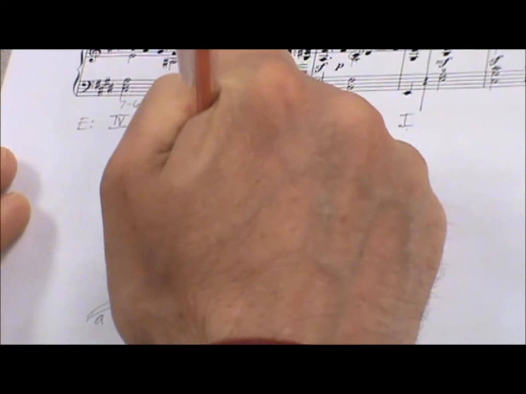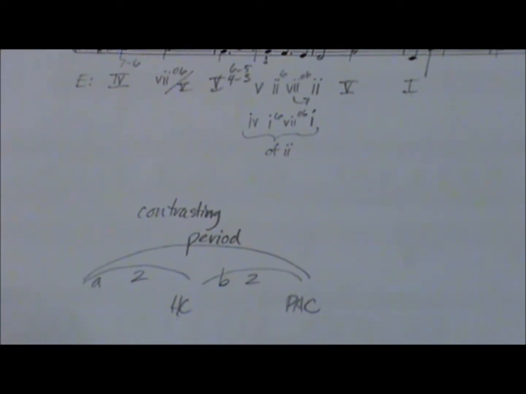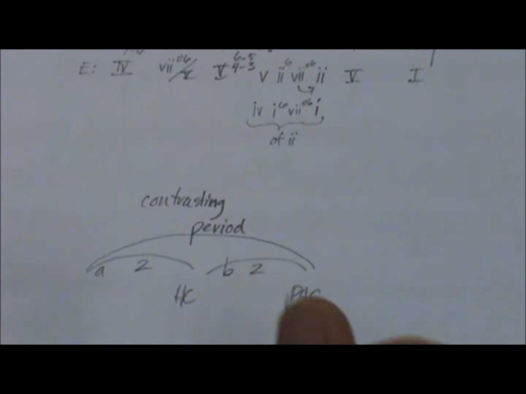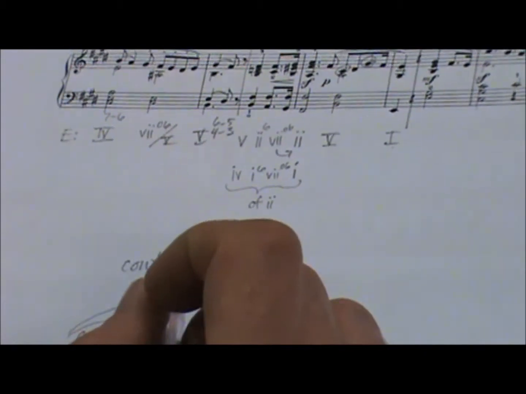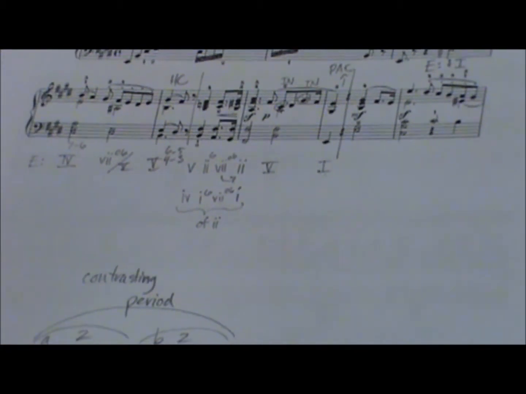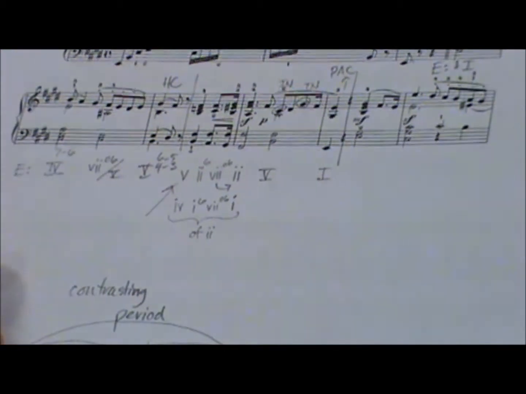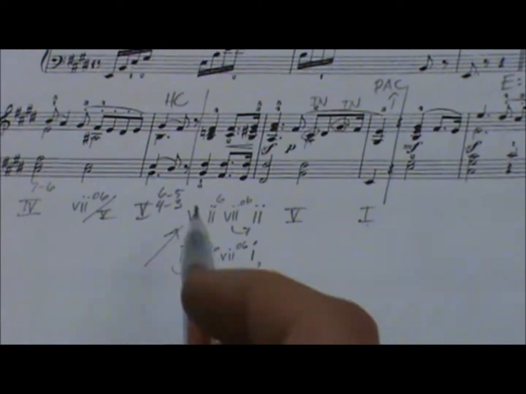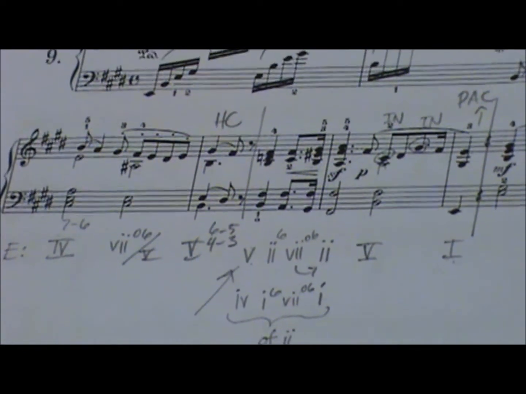Think of the harmonic terms again. Interrupted, continuous, and sectional. Well, look at that. If we have a half cadence, it's not sectional, but we can't determine whether it's interrupted or continuous. We have to look past the cadence and look how the antecedent starts. That's not tonic. It's something else. It's kind of odd. It's a minor 5.